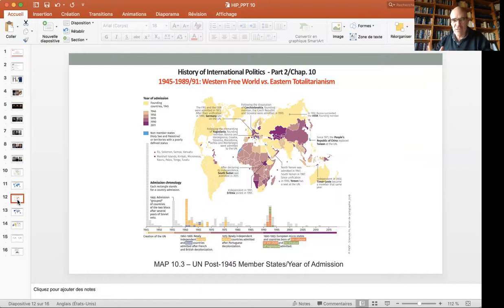Wars in general should no longer be resorted to by member states. Article 2.3: all members shall settle international disputes by peaceful means in such a manner that international peace and security and justice are not endangered.